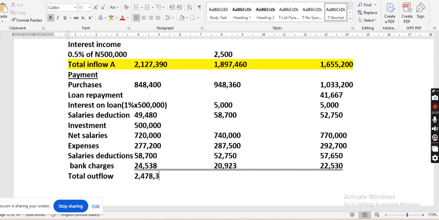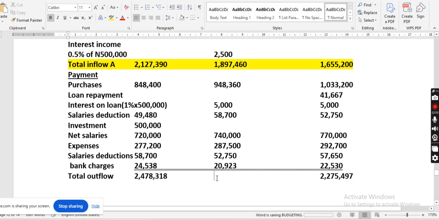Please, someone should confirm that. September, 2,275,497. Please, someone should confirm the figures.